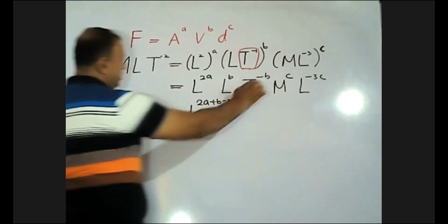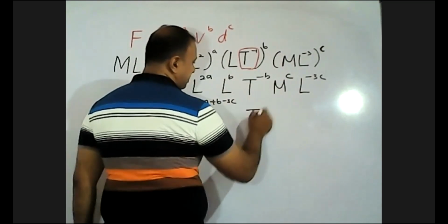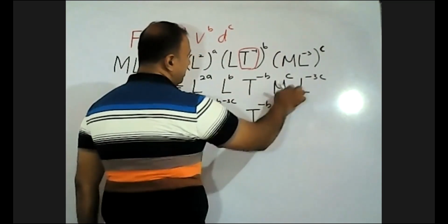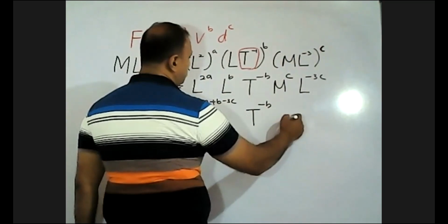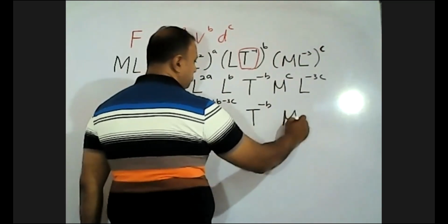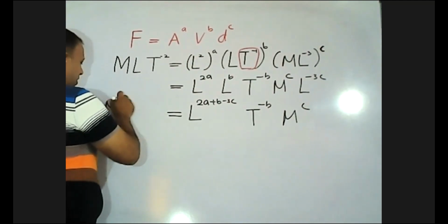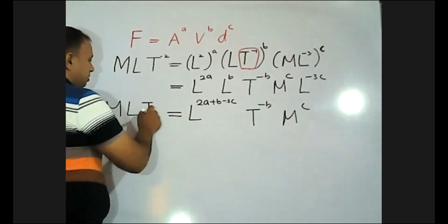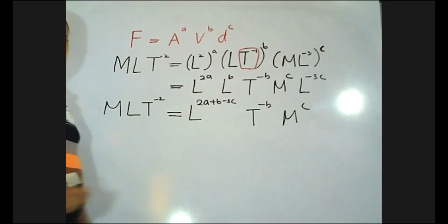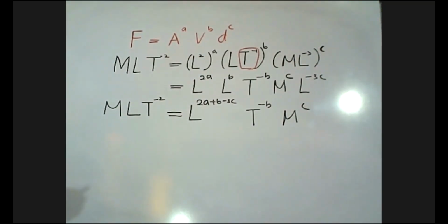Then you can write T here, T to the power minus B, and M to the power C. M to the power C is equal to M L T minus 2. Then you can equate the powers of equal bases.